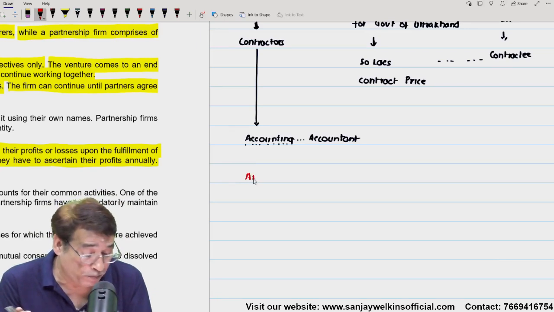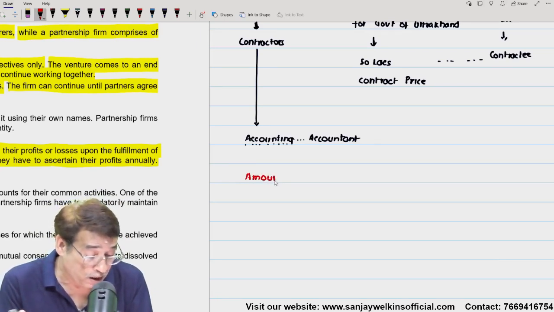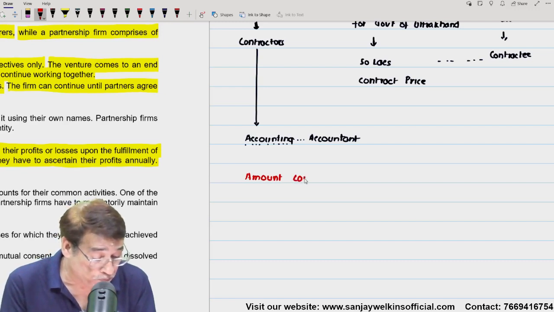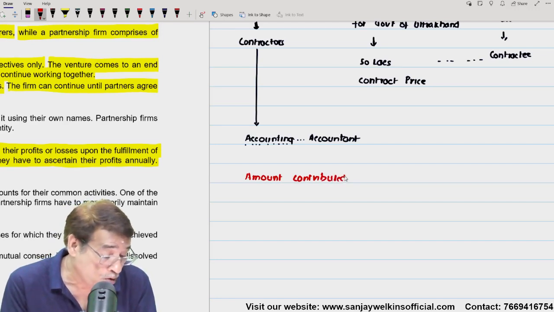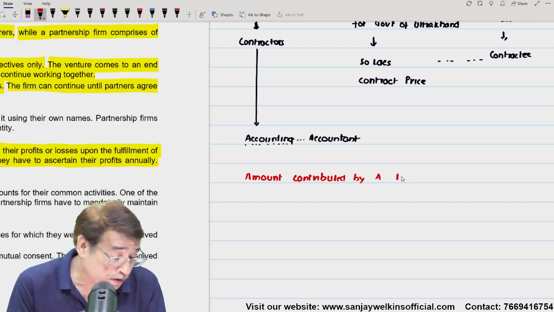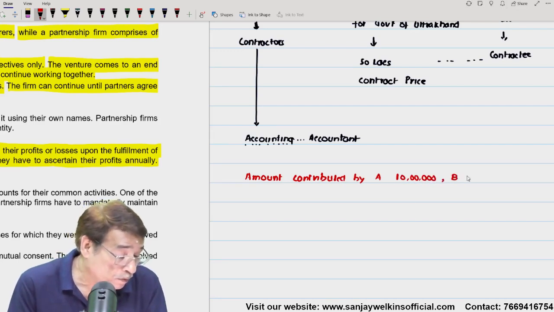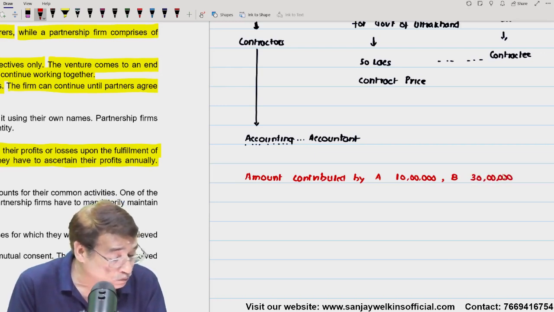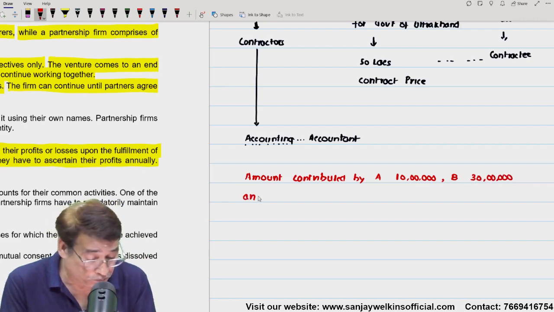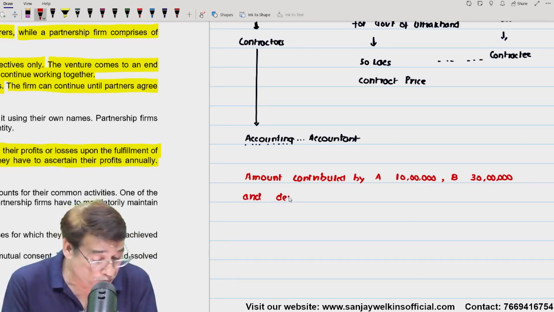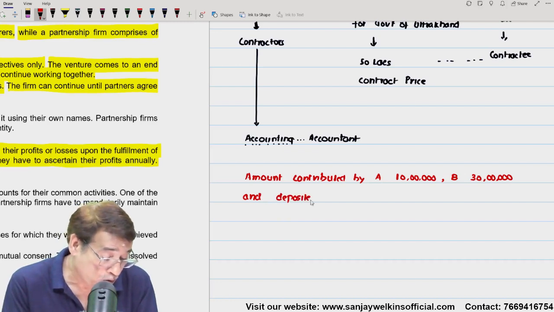Let us say the amount contributed by A is rupees 10 lakhs, by B rupees 30 lakhs, and deposited in a joint bank.